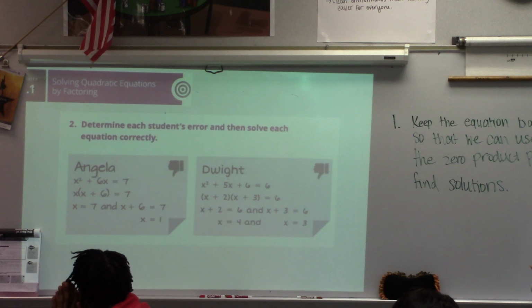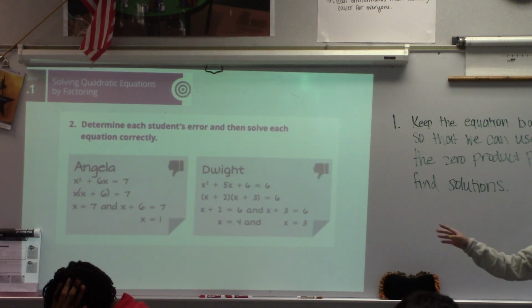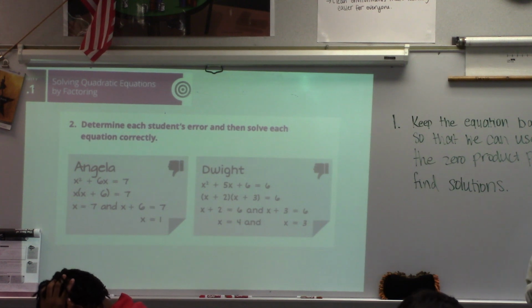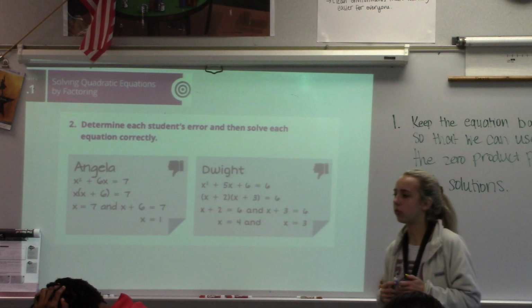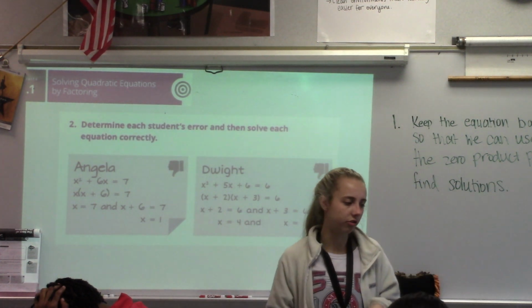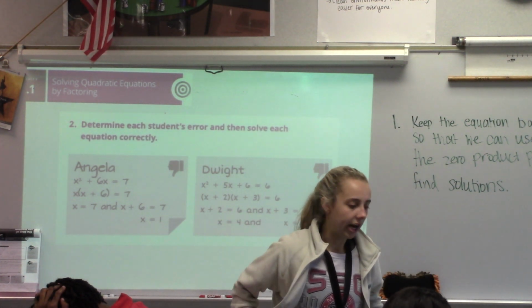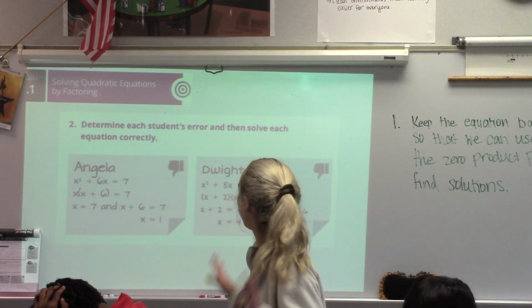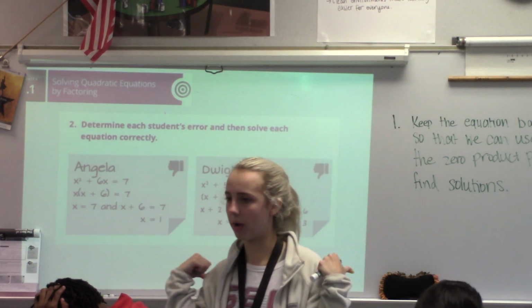So I want you guys to talk in your groups for about a minute or so, look at both Angela and Dwight, and ask yourself, did they find the correct solutions? If not, what did they do wrong, and how can we fix it? Maybe a good idea to reference that worked example we just looked through. Read some of those things on the sides, they're telling you a lot of good stuff. I'm coming around, so take a few seconds in your groups, and we'll come back up here.